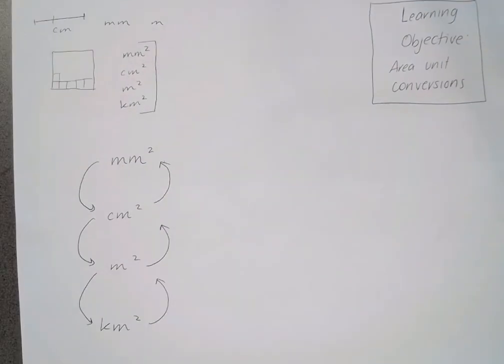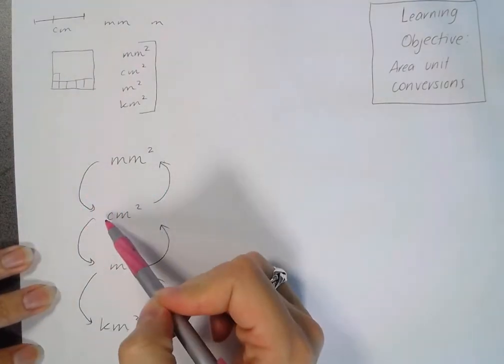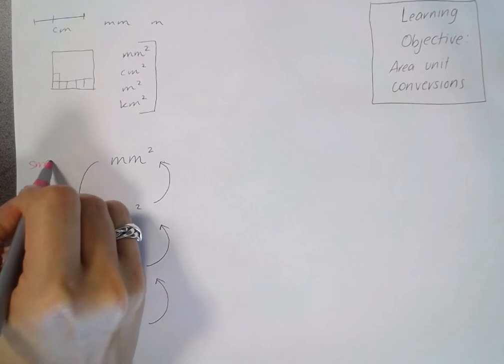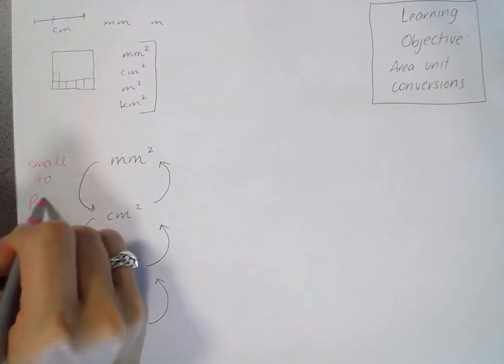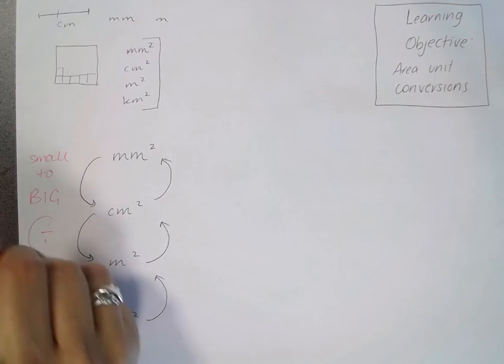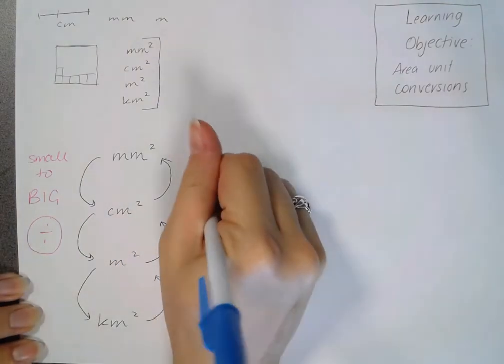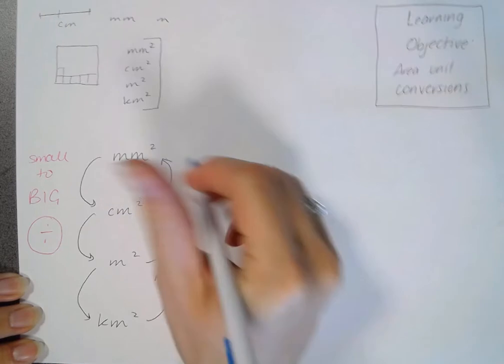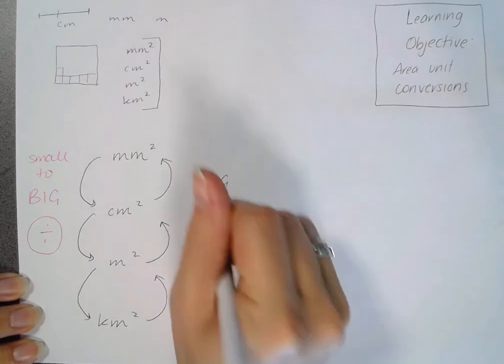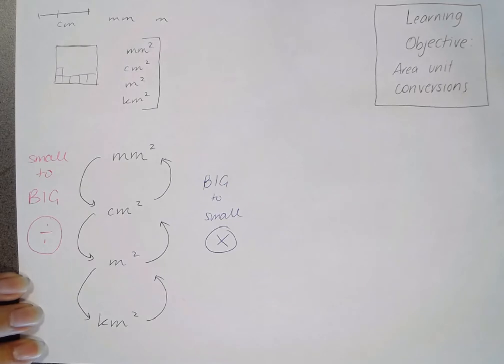Now, if you remember back to our linear ones, when we were converting from small to big, we actually used the divide sign. On the flip side, when we went from big, like centimeters to a millimeter, something that is smaller than it, that's when we use our multiply sign.